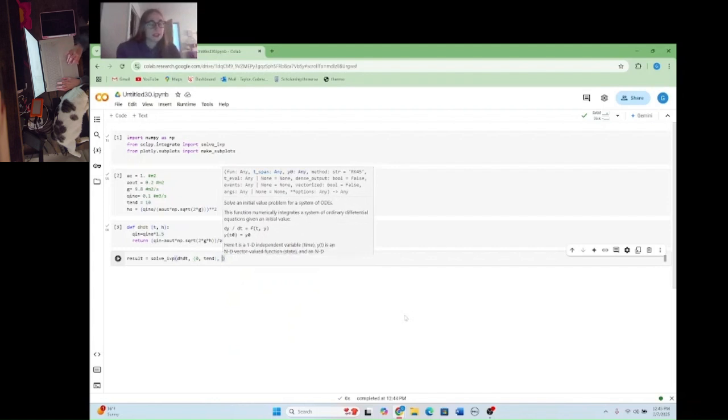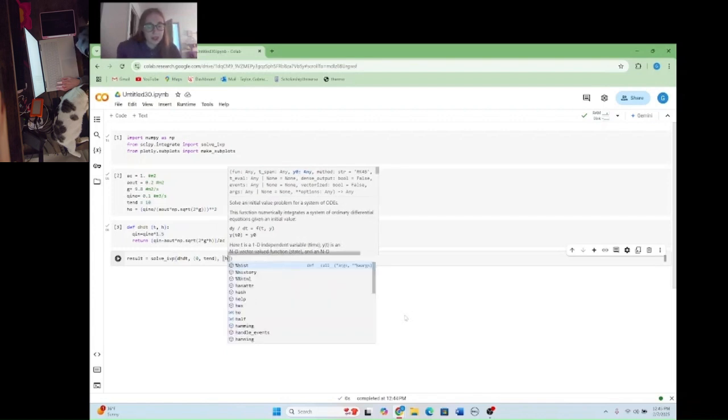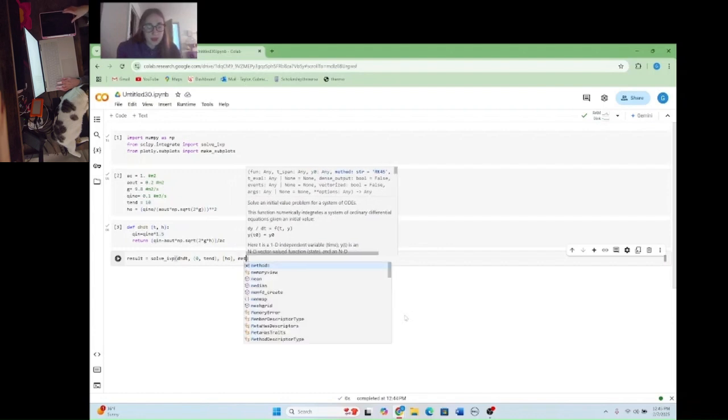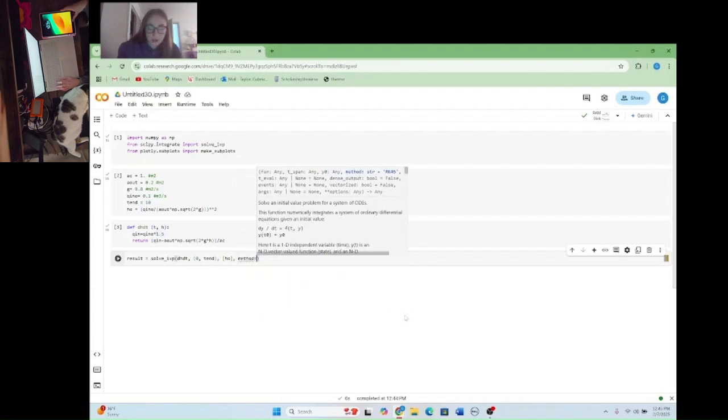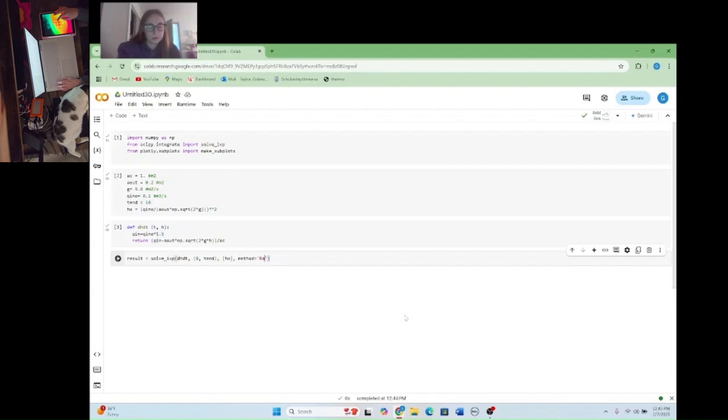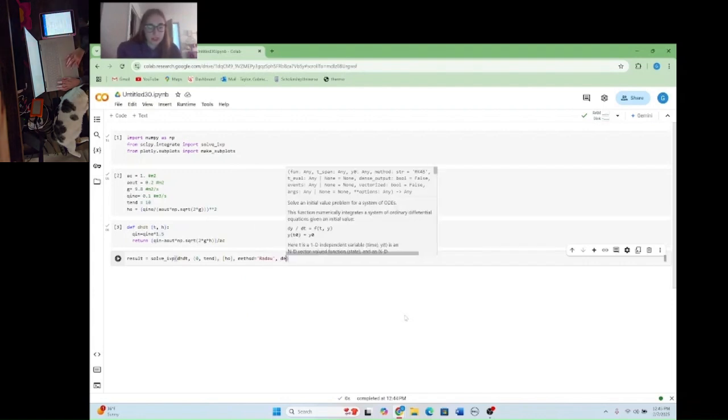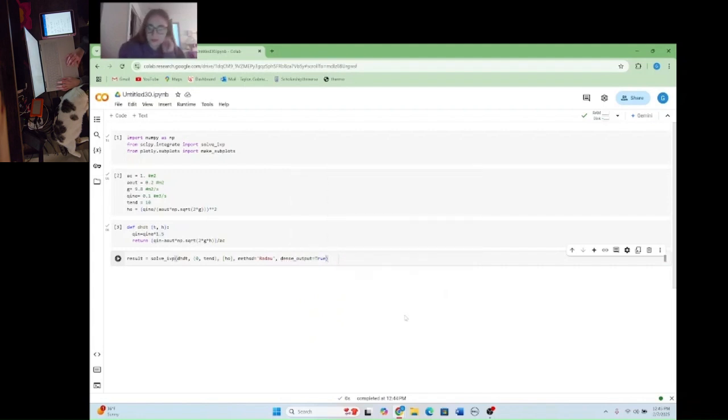And then our next thing is we want to have what height we're starting at, so our height knot. And then our method equals Radau. And then we want our dense output to be true. Okay, so we have that. So shift enter.